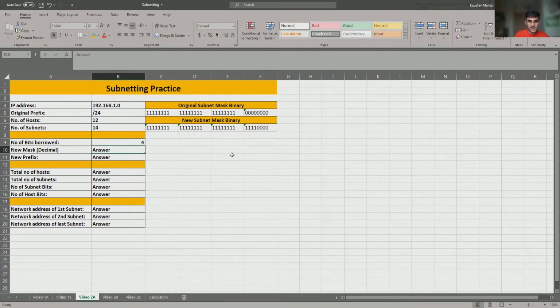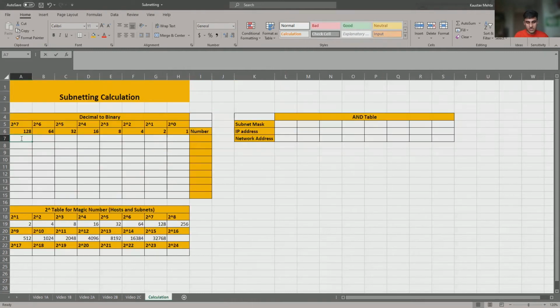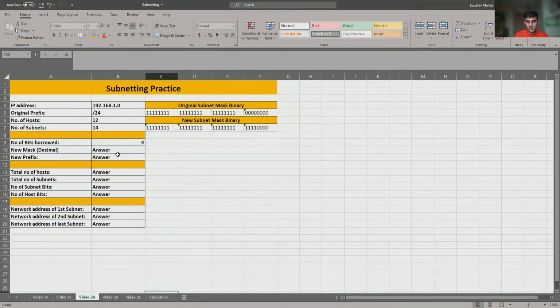The new mask in decimal will be, again, we just take this number and we convert it to decimal. So 4 ones and 4 zeros. This number is 240, because 128 plus 64 plus 32 plus 16. So our mask basically becomes 255.255.255.240, because the first 3 octets are all ones, which means 255, and then the last octet is 240, which we just calculated.